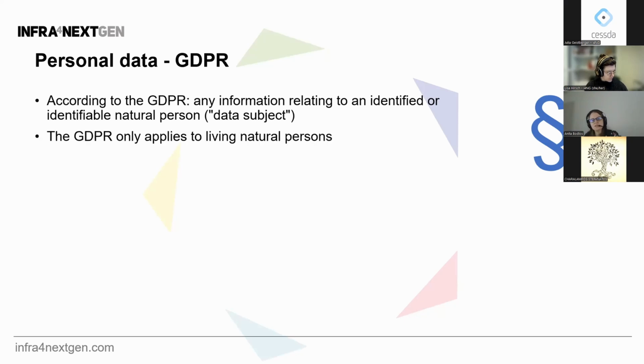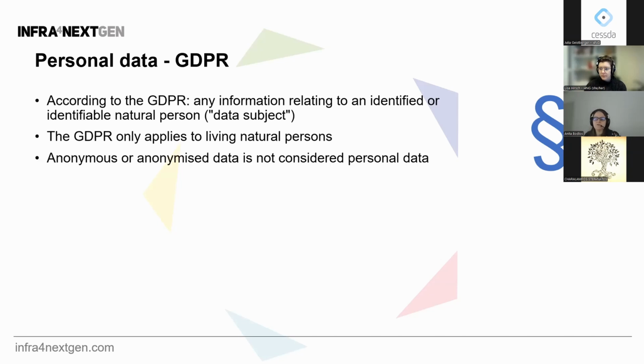So this means that GDPR only applies to a living natural person. So if you work with data related to deceased data subjects, GDPR doesn't apply anymore. As well as GDPR also does not apply to other kinds of data, for instance, corporate data.